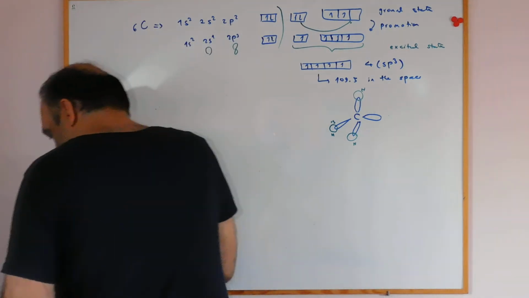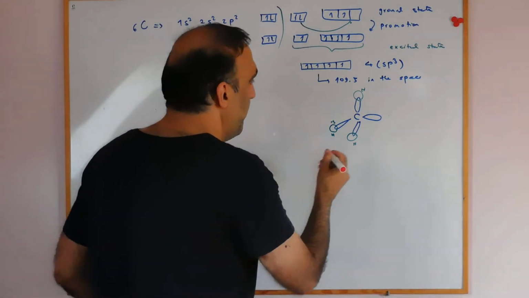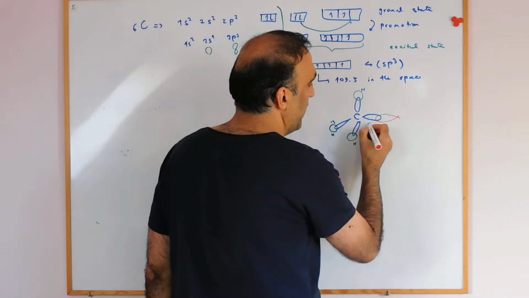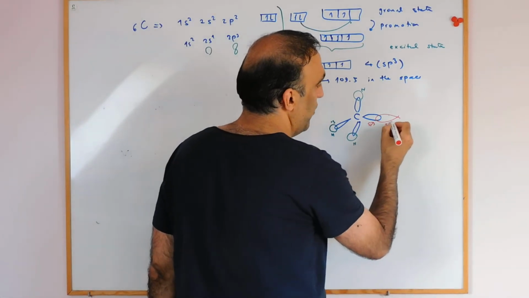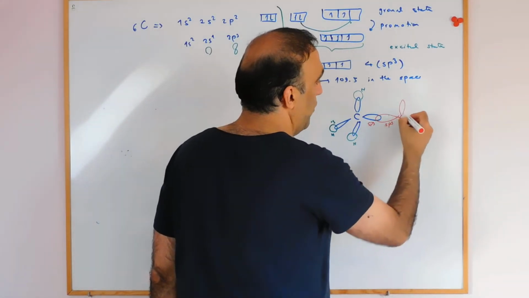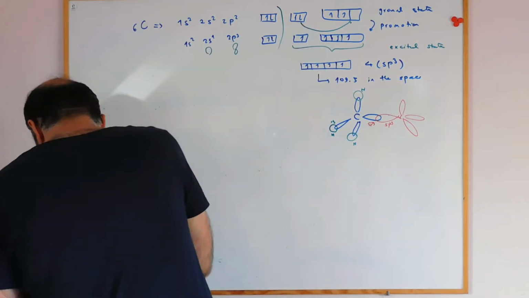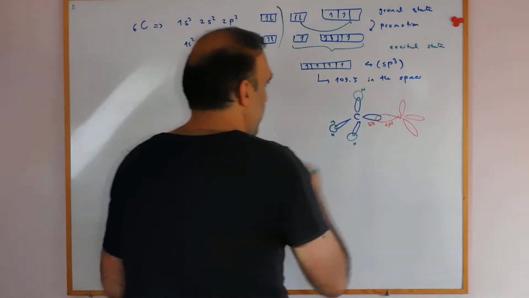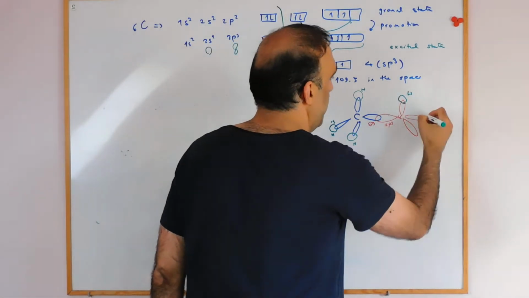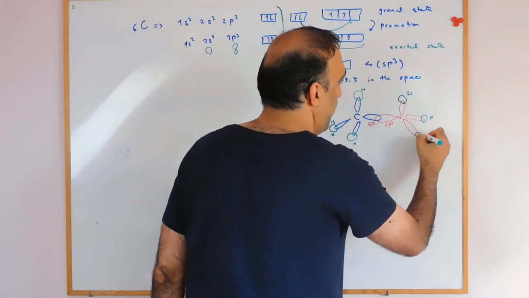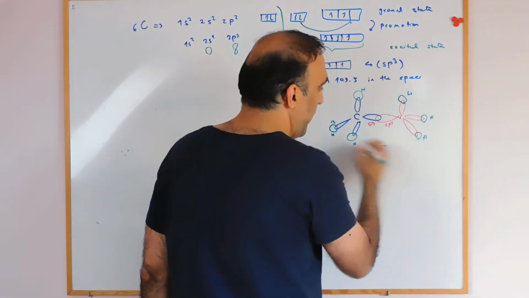Or I can bond with another carbon, sp3 with sp3, to make another sigma bond. The others can bond with hydrogen or other elements. All of the bonds are sigma bonds.